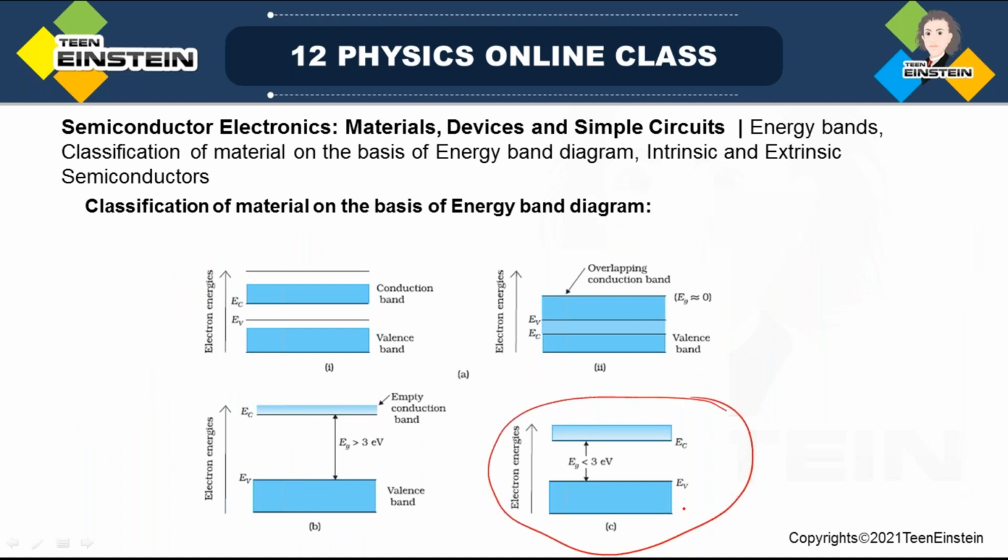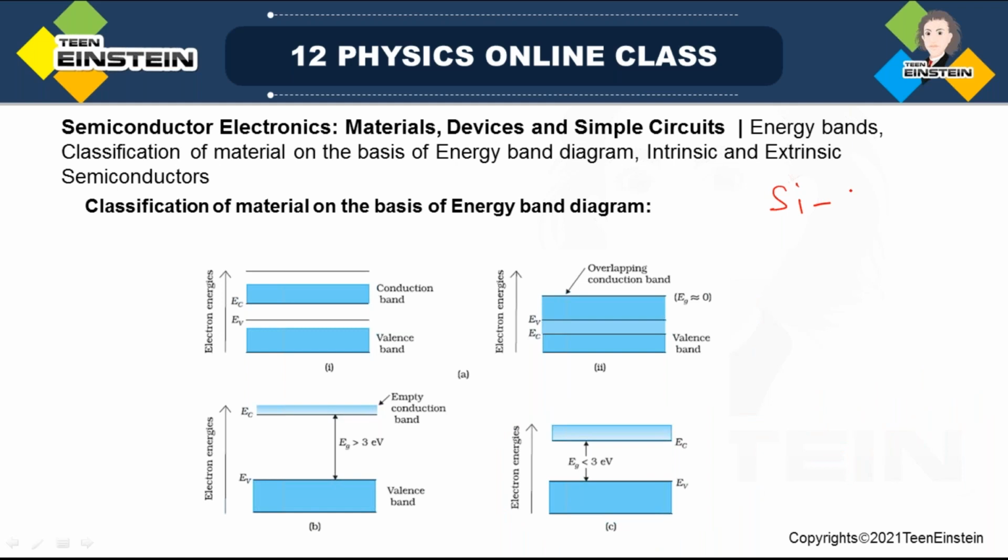Now look at this figure C. In this case, there is a band gap between the conduction band and the valence band, but the band gap energy is less than 3 electron volt. These are the materials called semiconductors. Materials which have conduction band and valence band separated by a band gap energy less than 3 electron volt are called semiconductors.